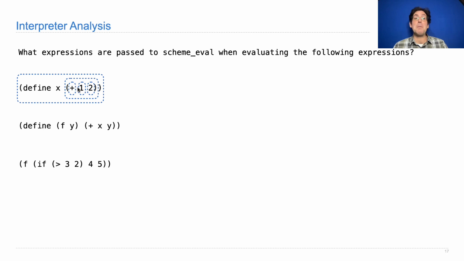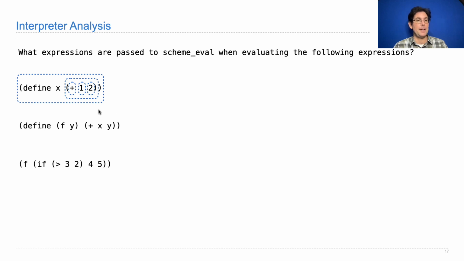But if something more complicated had been here, like another combination doing some multiplication, that would need to get evaluated too. Once plus, 1, and 2 are evaluated, then 1 and 2 are added together to get 3, which is then bound to the symbol x, and we're done. So for this very simple expression, we ended up calling scheme eval 1, 2, 3, 4, 5 times.